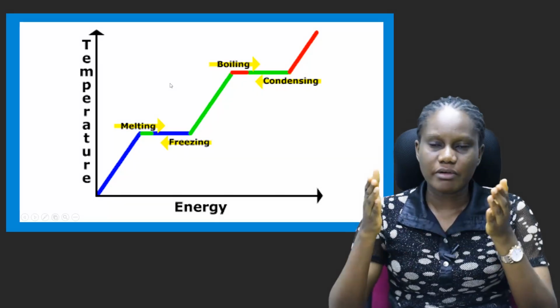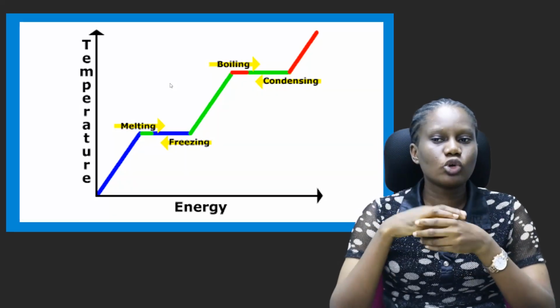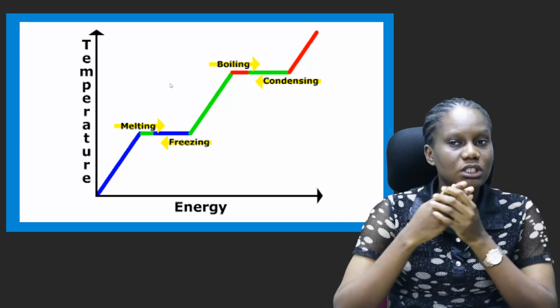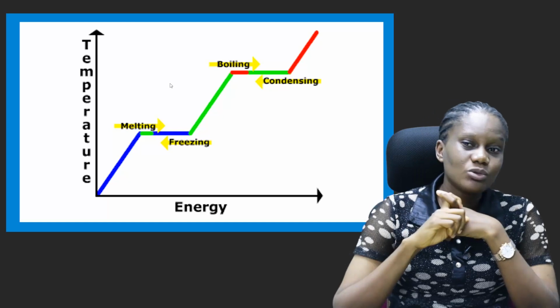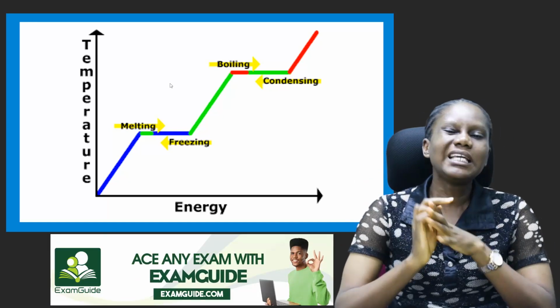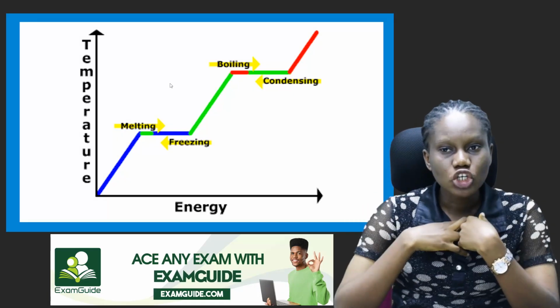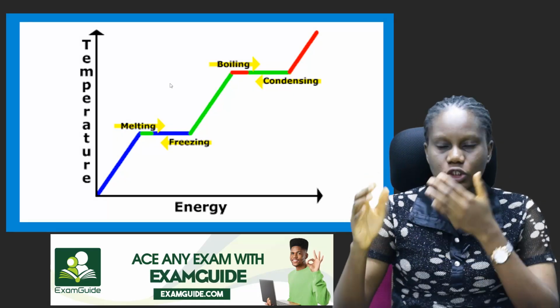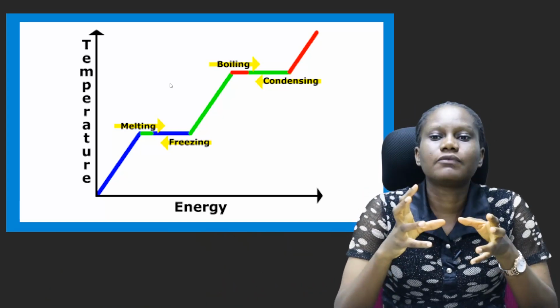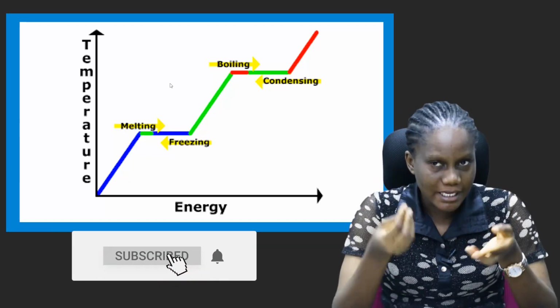Look at this graph we have here. You have temperature and you have energy. I told you previously that they can change from one state to another by either gaining energy or losing energy. The blue line you are seeing there is solid, for example, your ice block.